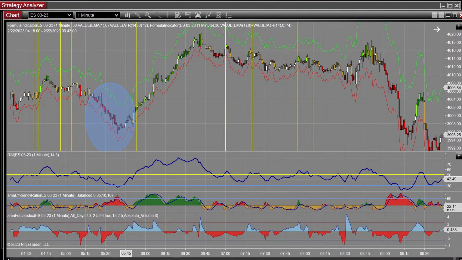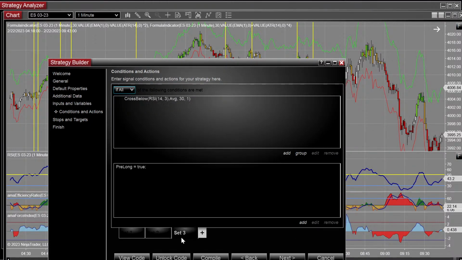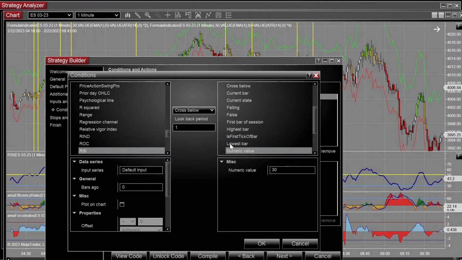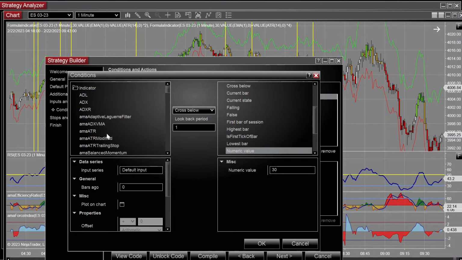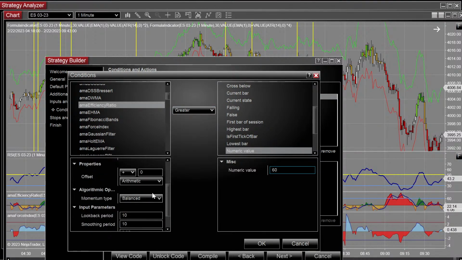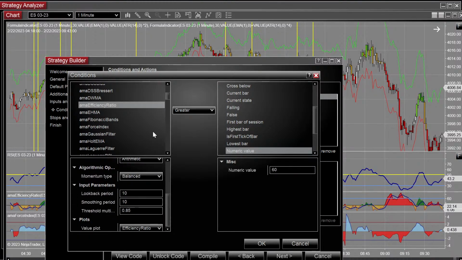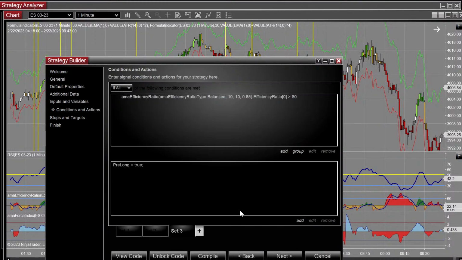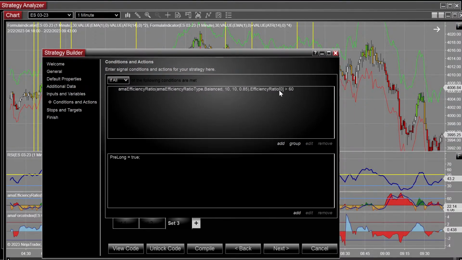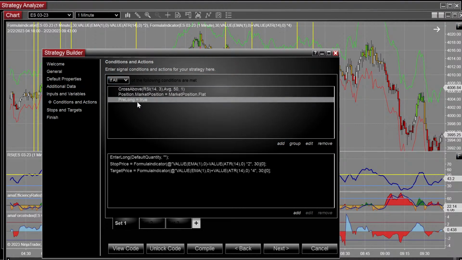But in this case, we used the same indicator as our trigger. So instead, I'm going to change it to using the efficiency ratio. So our pattern before is going to be: if the efficiency ratio is greater than 60%, it sets us to true.